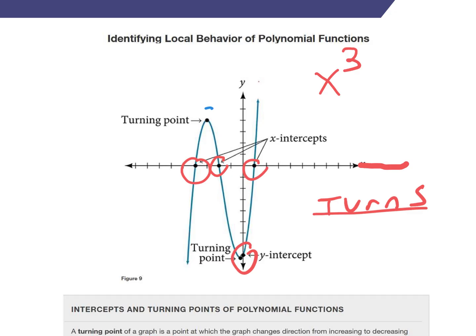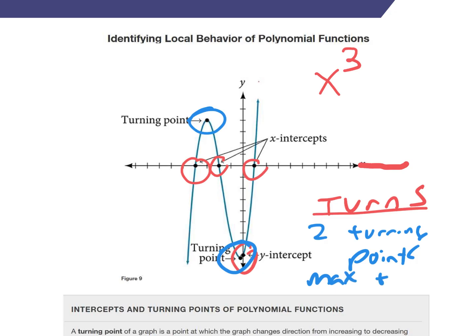So since this is a local maximum, that's called a turn, and this down here at the bottom is a local minimum, because it's the bottom of a valley. So it has 2 turns, or 2 turning points, whatever you want to call it. And they are at your max and min.